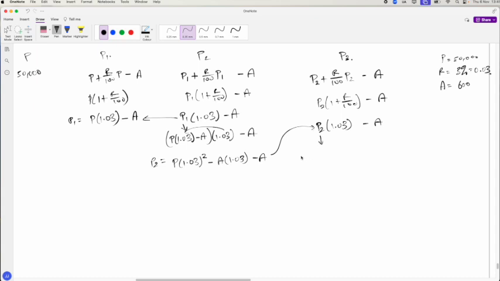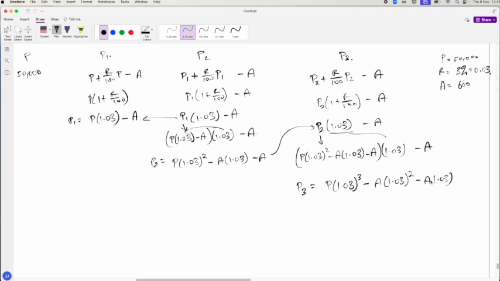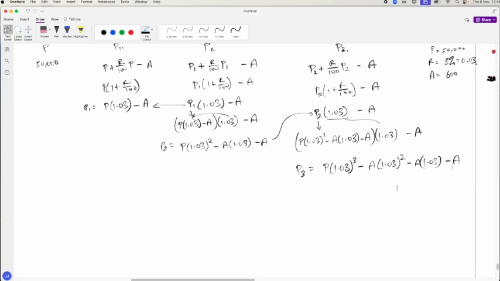So P2 is P into 1.03 squared minus A into 1.03 minus A, and that is P2, all multiplying by 1.03, and then we have minus A. So now we get P3 to be P into 1.03 cubed minus A into 1.03 squared minus A into 1.03 minus A. And we could definitely see a pattern starting to form here.